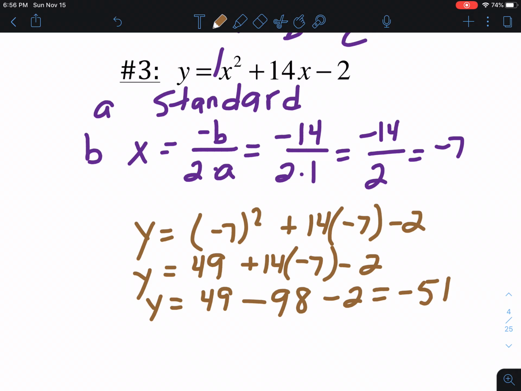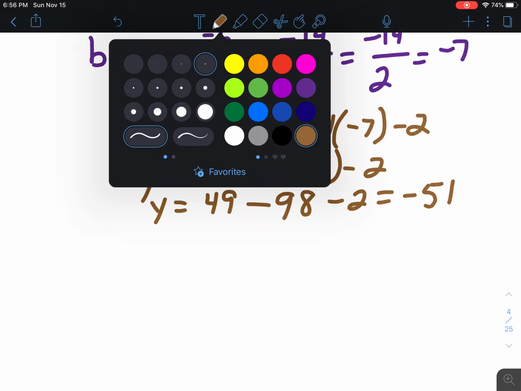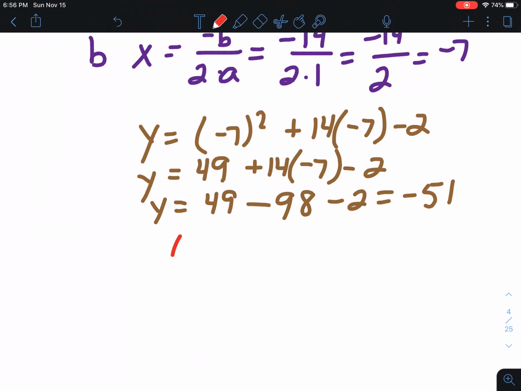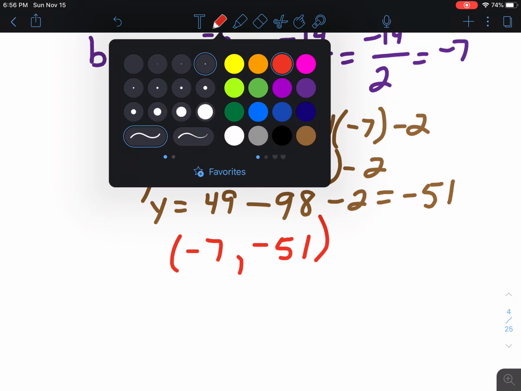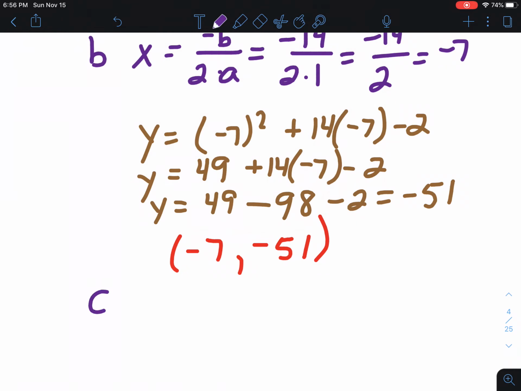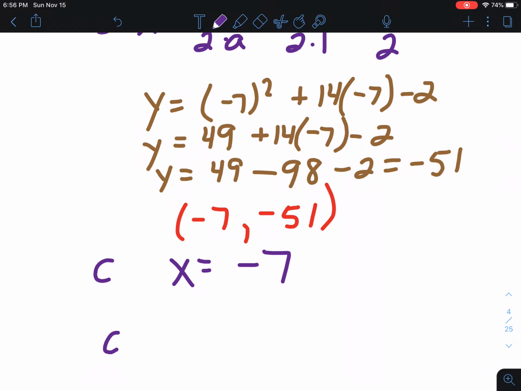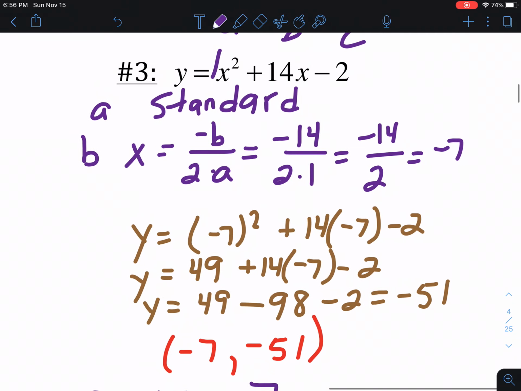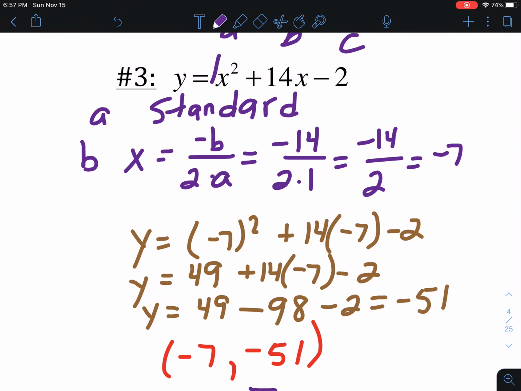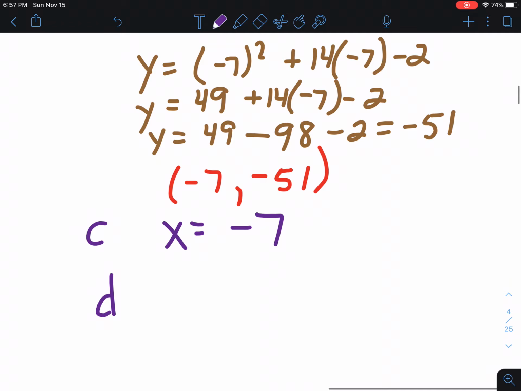So our vertex is (-7, -51). Letter C, our AOS, axis of symmetry, is x equals negative 7. And letter D, does it open up or down? Go back to your equation. a is a positive 1. When it's positive, it's going to open up.